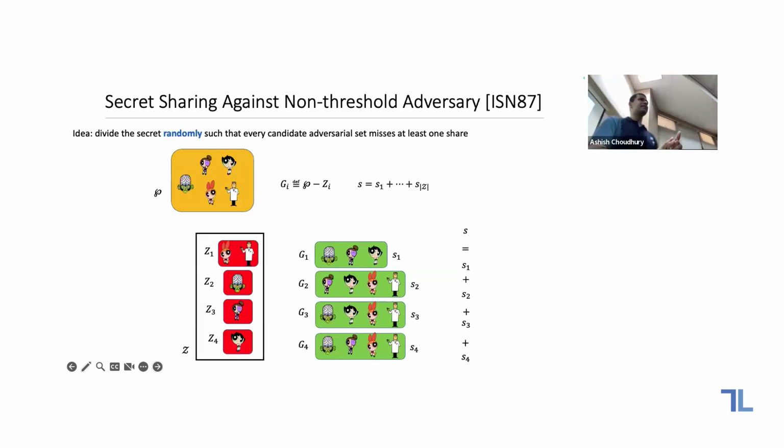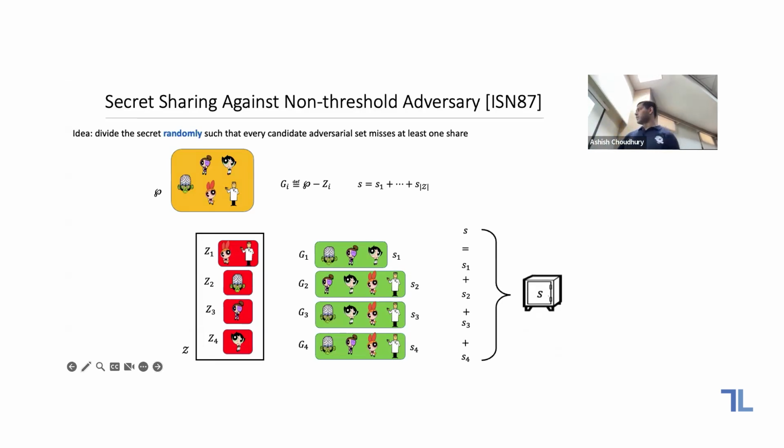So at least one share is going to be missing for the adversary to reconstruct the secret. And we can show that any green subset will have all the shares, which they can sum up to reconstruct the secret. So this is a very simple secret sharing. It's not based on any properties of polynomials, as used in some other secret sharing schemes.